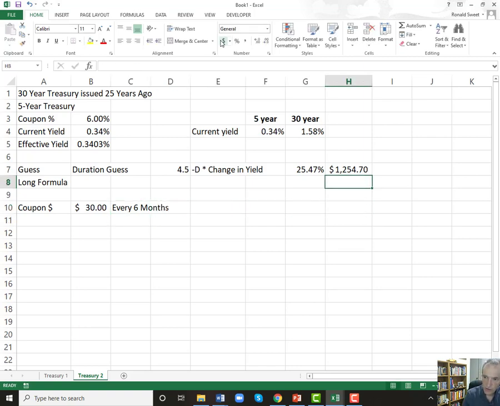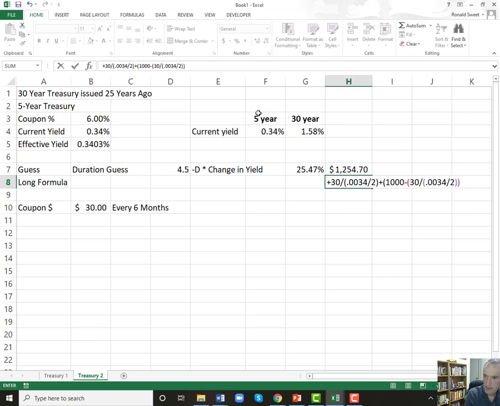So let's try the long formula. Remember, the long formula is the coupon divided by the current yield, not the effective yield, the current yield, 0.0034 divided by 2. We're going to add to that the maturity value, but we're going to subtract out the 30 divided by 0.0034 divided by 2.